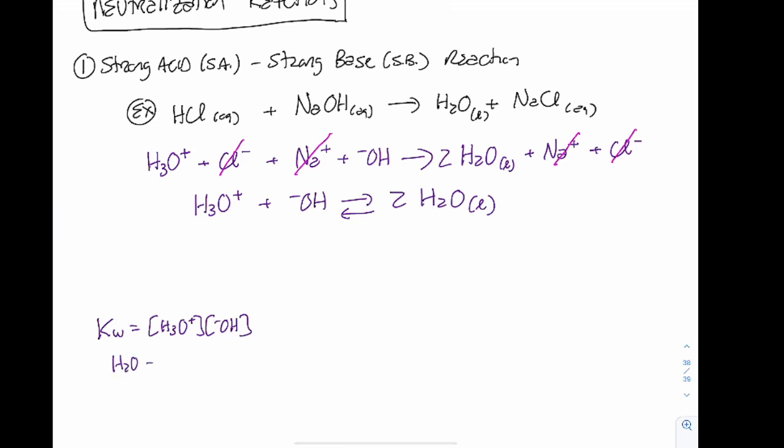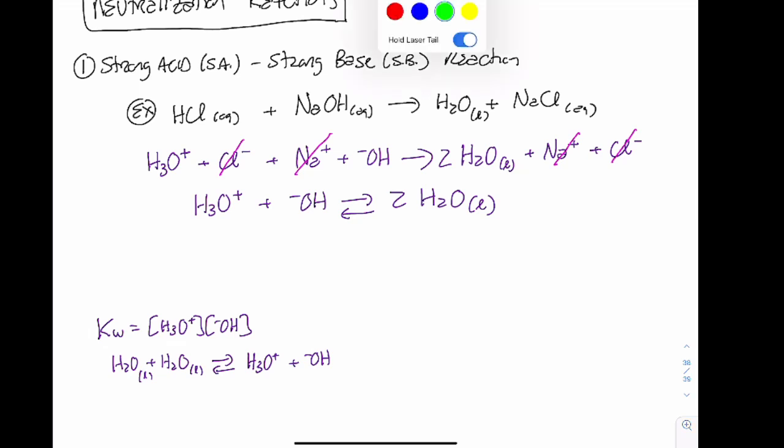We had water plus water, both of those liquids reacting to form hydronium ions plus hydroxide ions. And then when we write our equilibrium constant expression, right, it was concentration of products over reactants raised to a power equal to their coefficient, but I don't include water because it's a pure liquid, right? Its concentration isn't changing over time.